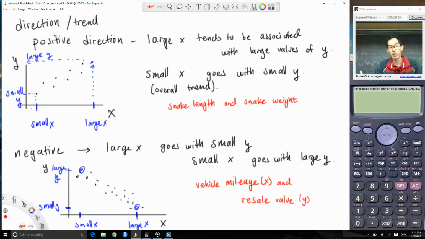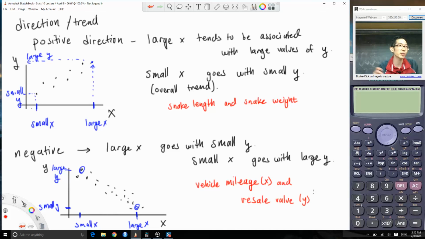Okay, so vehicles with high mileage tend to have lower resale values, or if you're trying to sell your used car, the car that has 200,000 miles on it probably will not sell for as much as the car with 20,000 miles on it, right? So small x goes with larger y, big X goes with smaller y, okay?